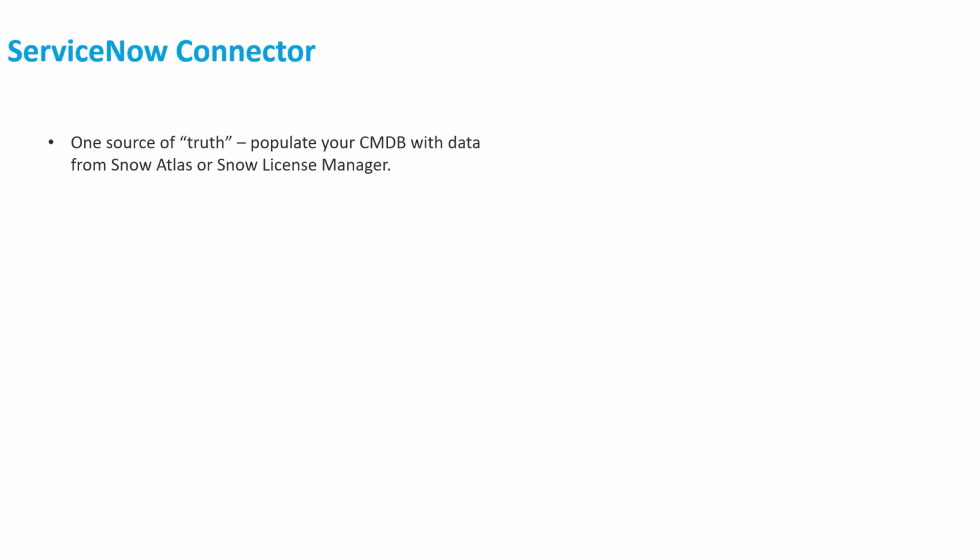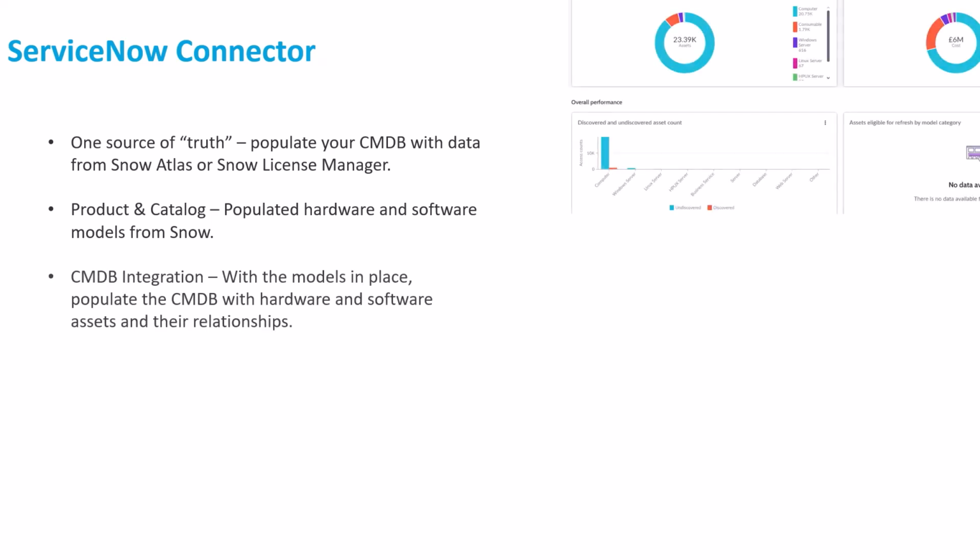Let's have a recap of what we touched upon in part 1. We provide one source of truth from Snow Atlas, with the Snow Inventory agents providing accurate and trusted hardware and software inventory. The product and catalog consists of our constantly updating database of recognized applications with hundreds of thousands of normalized vendor and application names, as well as hardware manufacturers.